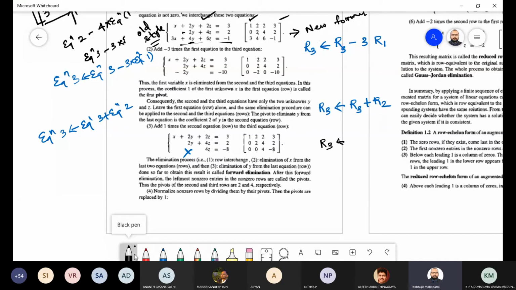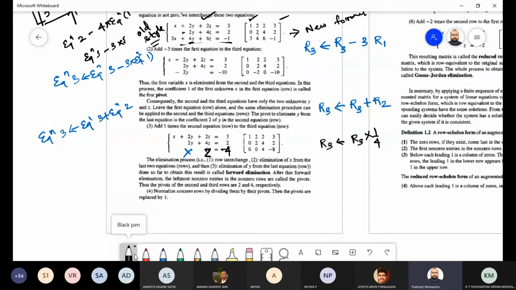You can write row 3 as row 3 into 1 by 4, or even divide by 4. Multiplication and division are the same thing. So if you divide by 4, it will be z equal to minus 4. So you got the z value directly.